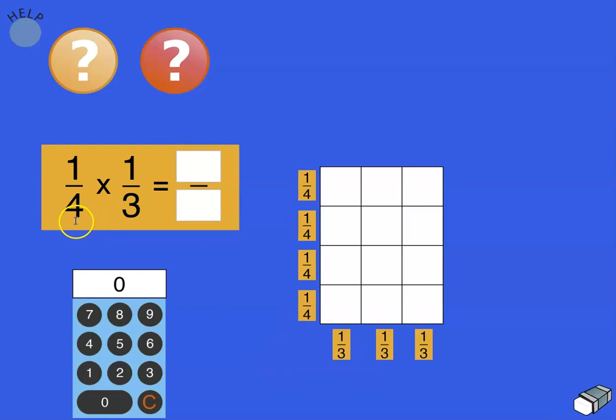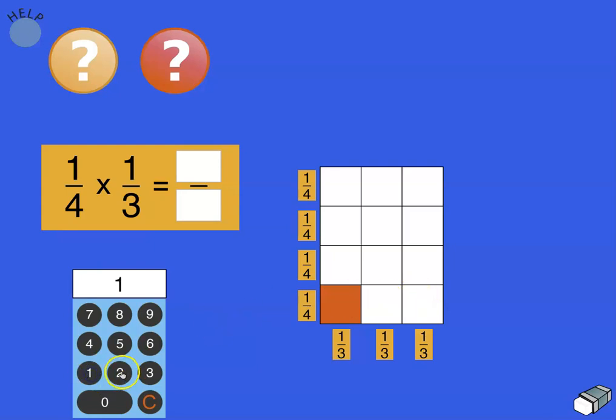The question is 1/4 times 1/3. So we have 1/4 here, coloured in, and 1/3 along. If we count all the squares, we see that there are 12 squares. That means there are 12 parts in total.